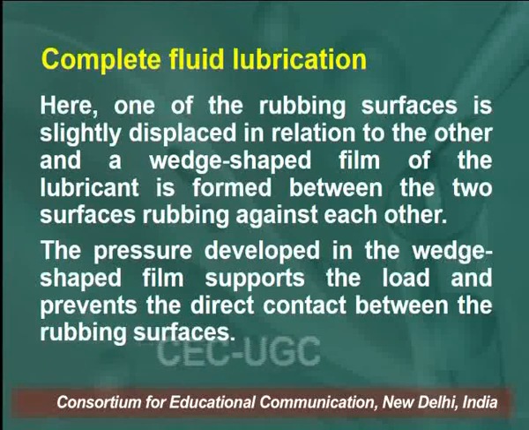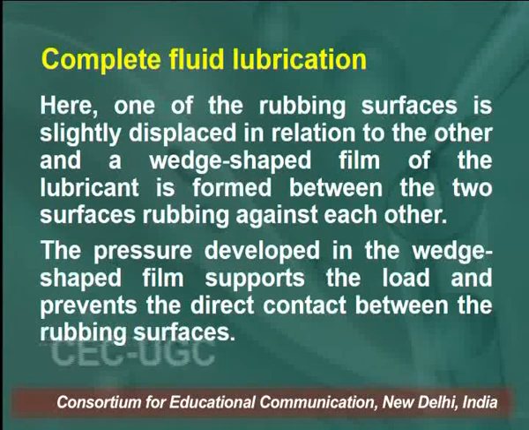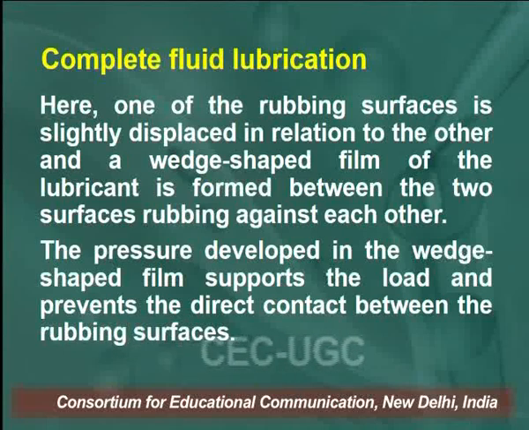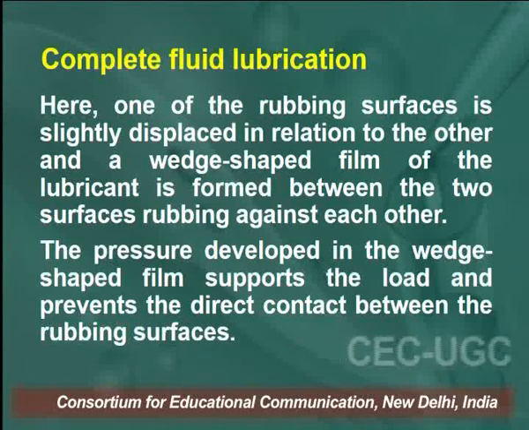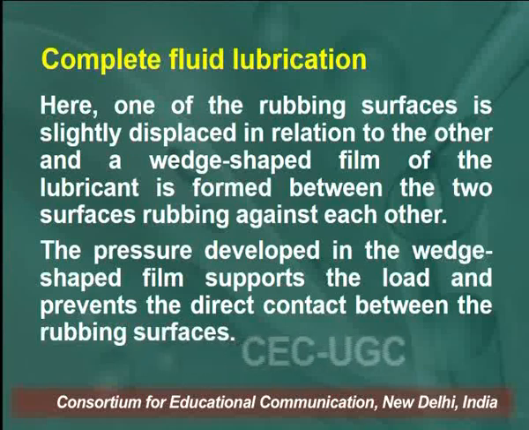Here, one of the rubbing surfaces is slightly displaced in relation to the other and a wedge-shaped film of the lubricant is formed between the two surfaces rubbing against each other. The pressure developed in the wedge-shaped film supports the load and prevents direct contact between the rubbing surfaces.